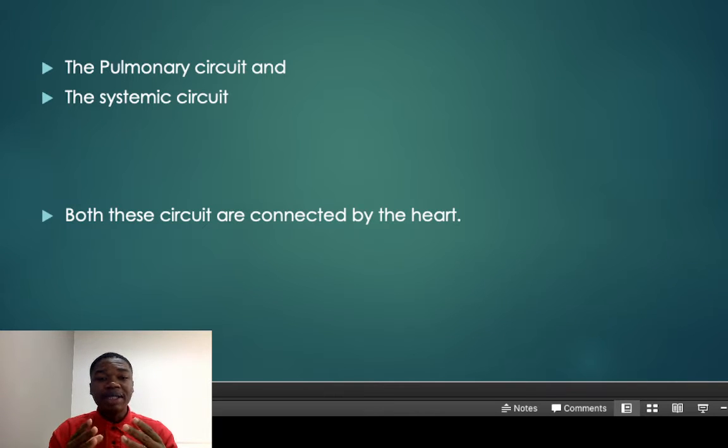Then we've got a systemic circuit. A systemic circuit is when blood flows from the heart to the body, and from the body back to the heart. And these circuits are connected by the heart, of course, as we have emphasized.